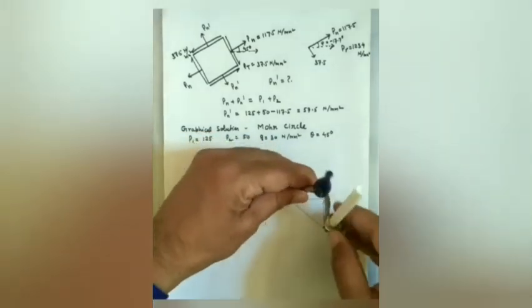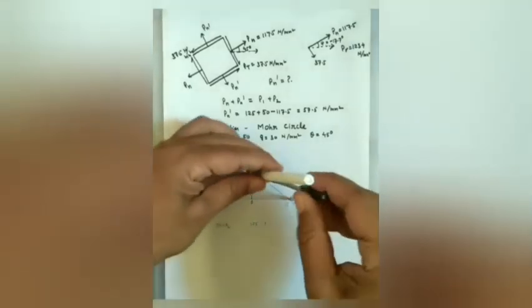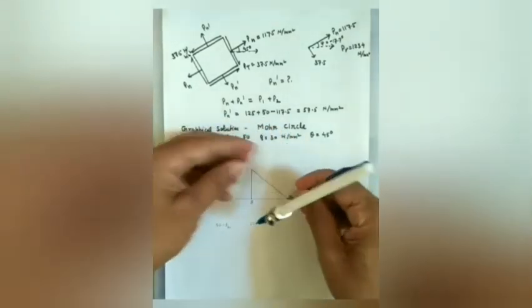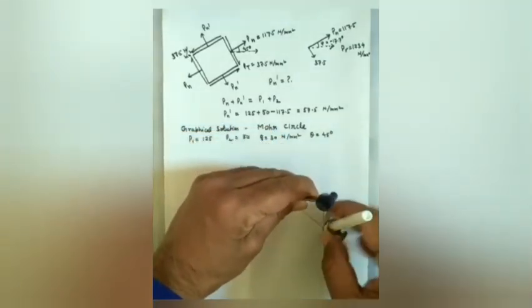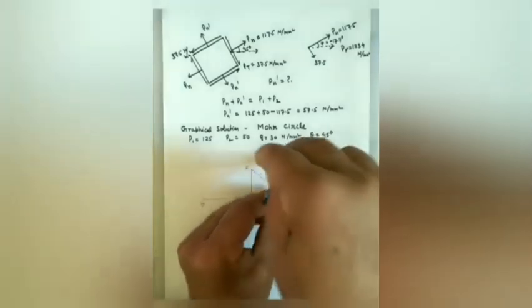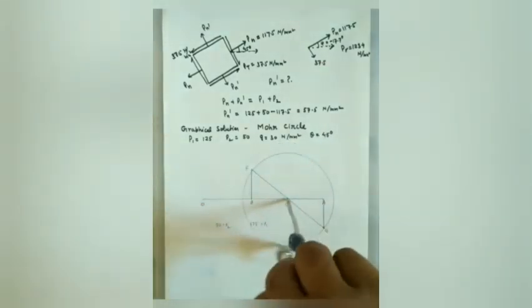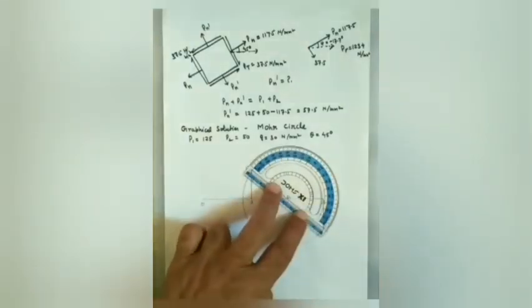Now let us say the center is C. From this center, with a radius CZ or CF, any of the radius, let us draw a circle like this, which passes through points F and G, the points representing the shear stresses with sign conventions.